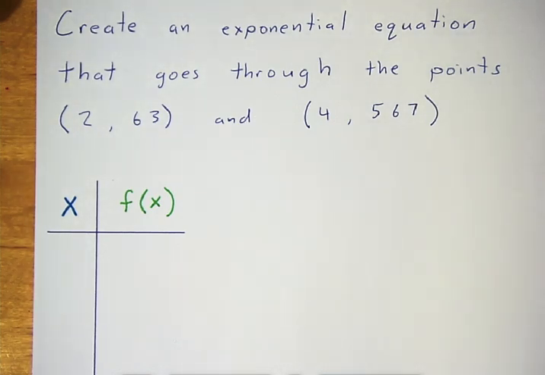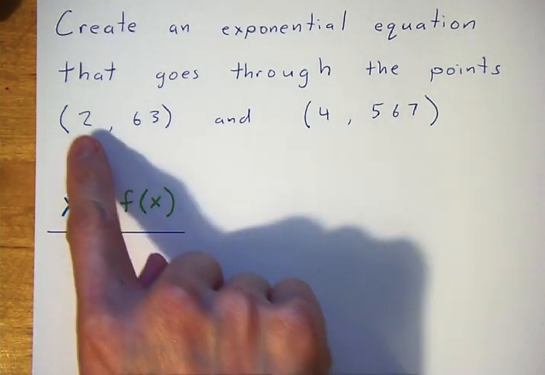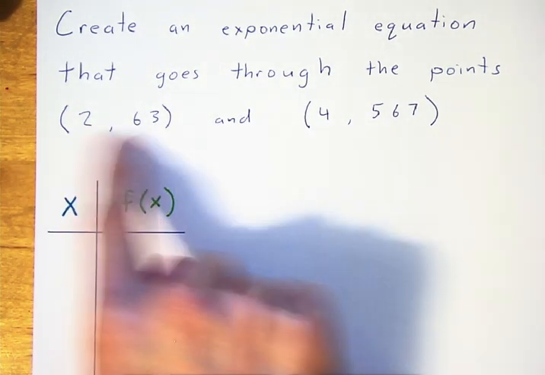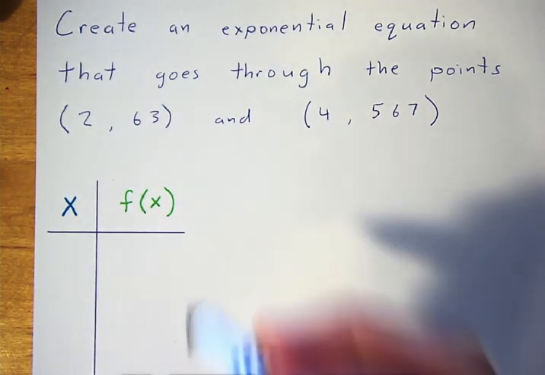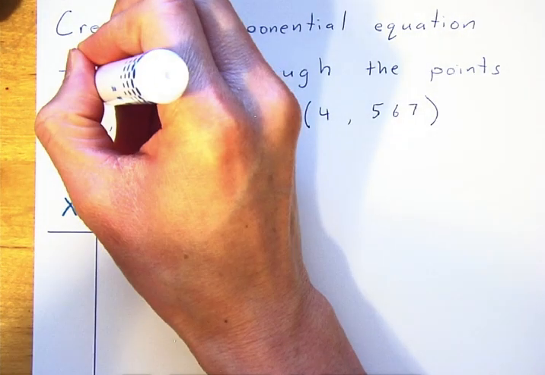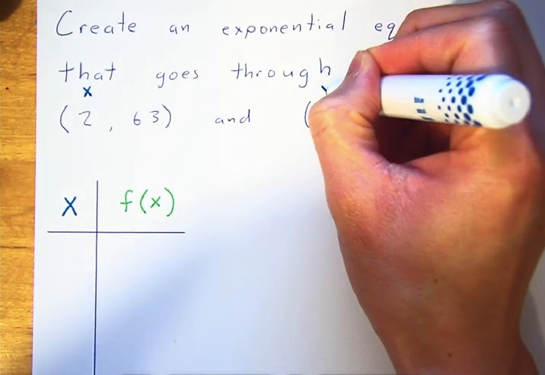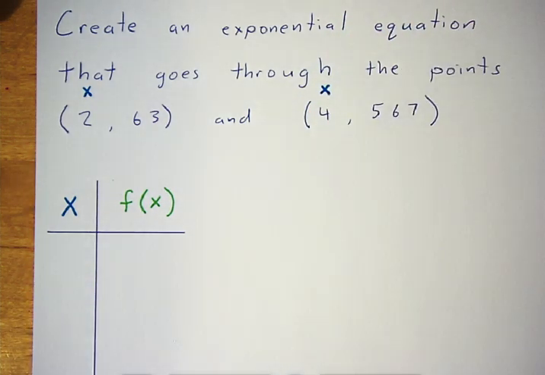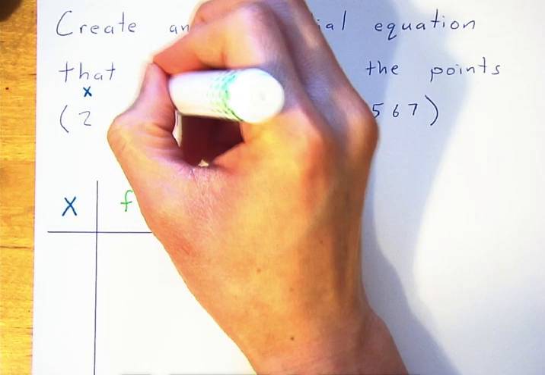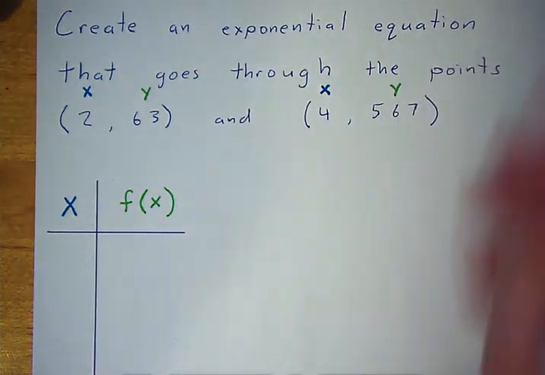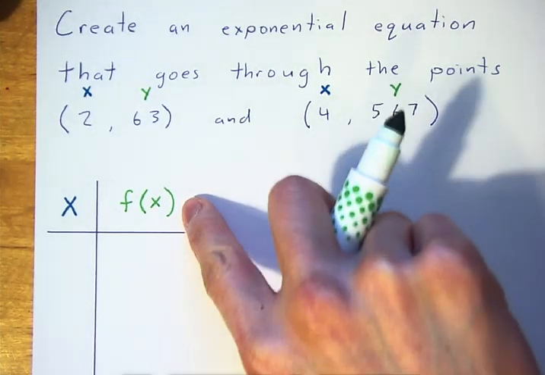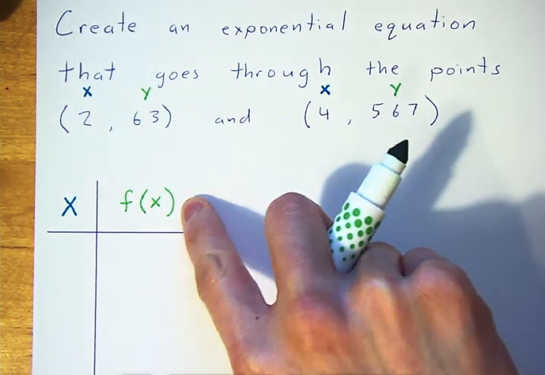Quick reminder, these are coordinates: the first number is your x value, the second number is your y value, and your y is like your f of x.